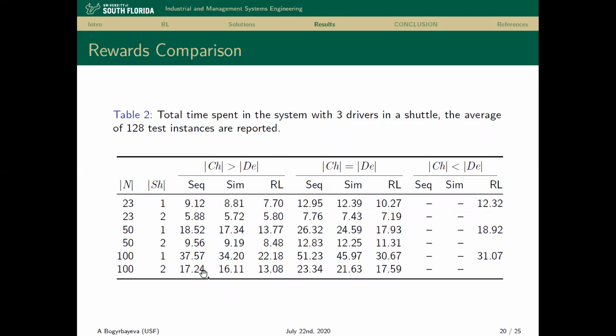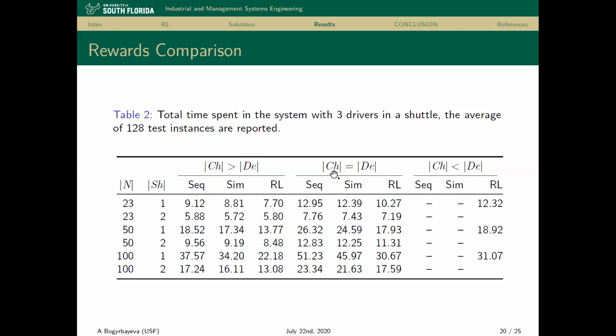So this is a table which shows our final results. For each network size, we created 3 types of problems, which I prefer to refer to as easy, medium, and hard difficulty. The easy case is when you have an abundance of charging stations and you can decide which charging station to go to.